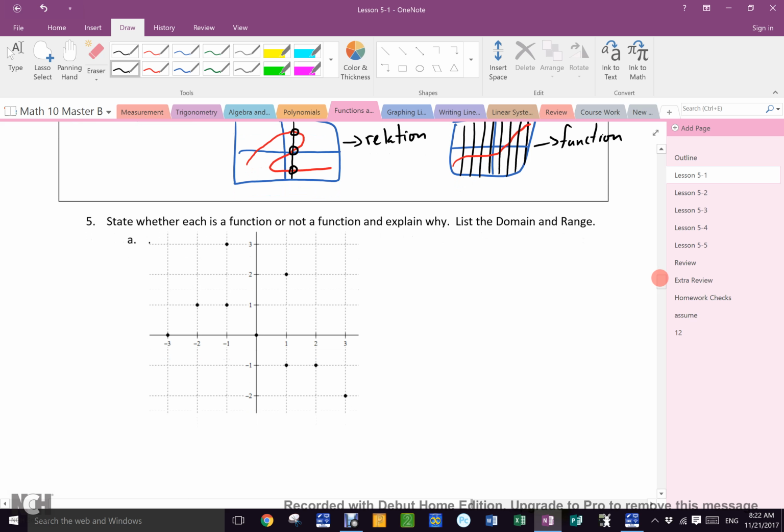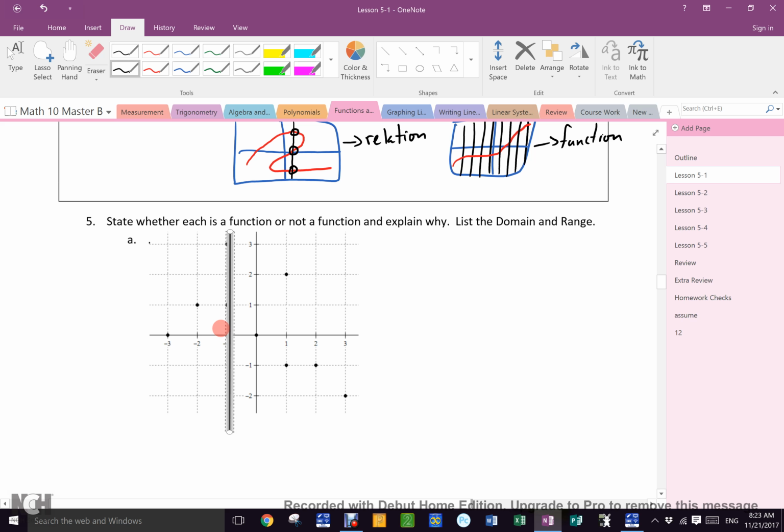It's a little hard to see on my screen, but I think it's pretty easy to see on yours. You have the dots, yes? Right? Okay. So if I were to take a vertical line and slide that line along the graph, what happens right there? It only hits one dot, yes? What about there? It would hit one dot if it would stop there. What about there?